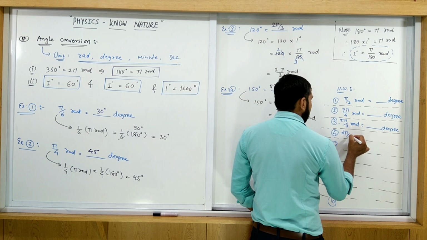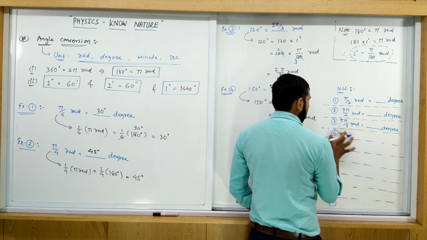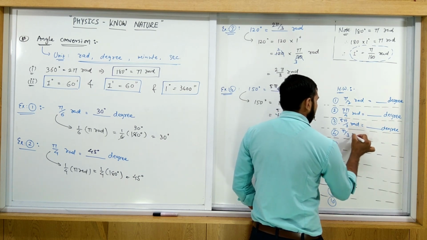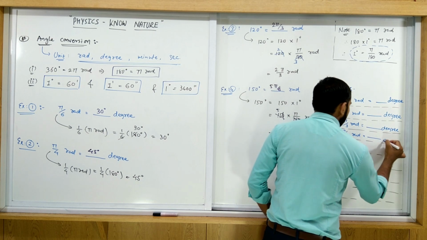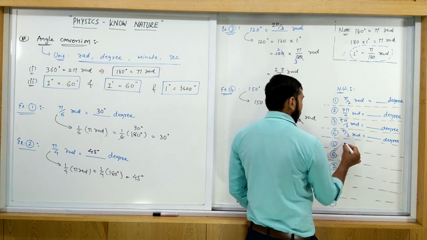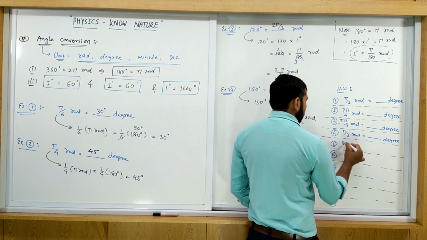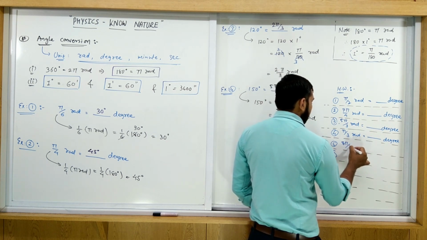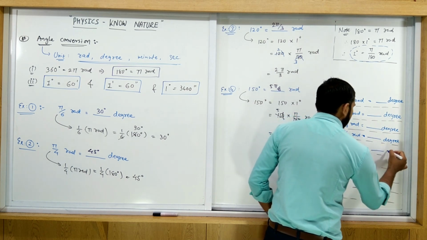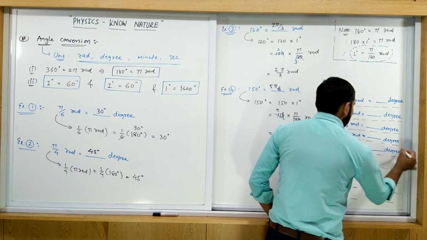Two pi by 6, sorry, this is pi by 3 radian is equal to blank degree. 8 pi by 3 radian is equal to blank degree.